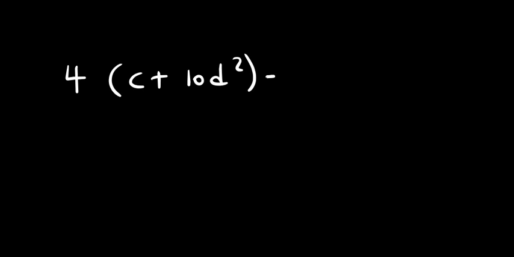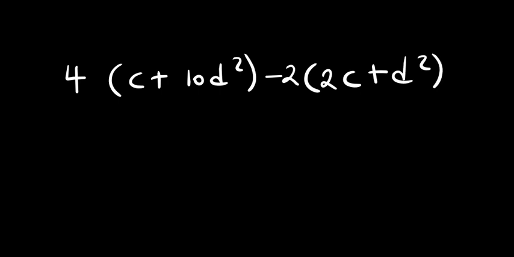Let's solve another one. Let's say I've got 4 times the bracket c plus 10d squared, minus 2 times the bracket 2c plus d squared. So basically, how can I solve this one? I'm supposed to first expand.